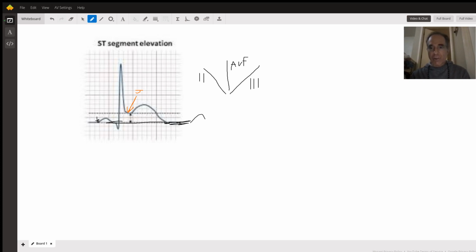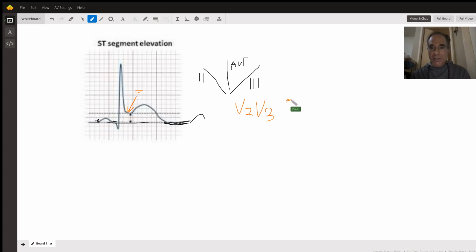Under 40, it has to be at least 0.25 millivolts, so 2.5 little boxes, of ST elevation in order to call that ST elevation in V2 or V3. Everything else, 0.1 millivolts is enough.